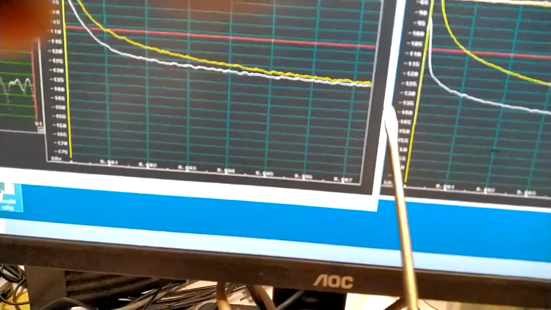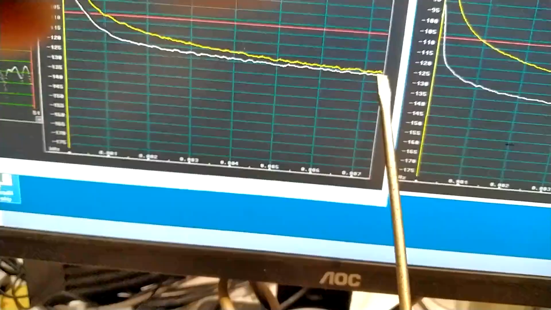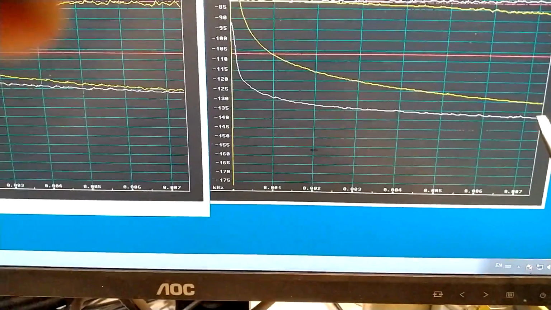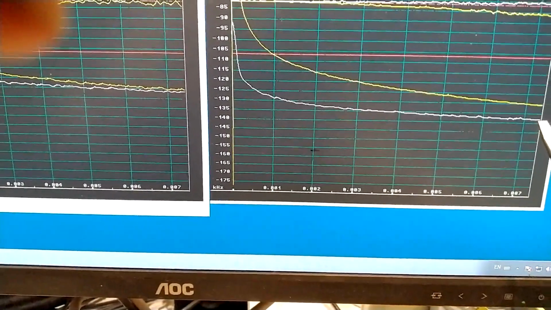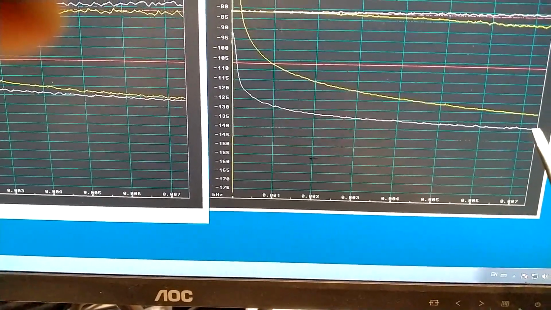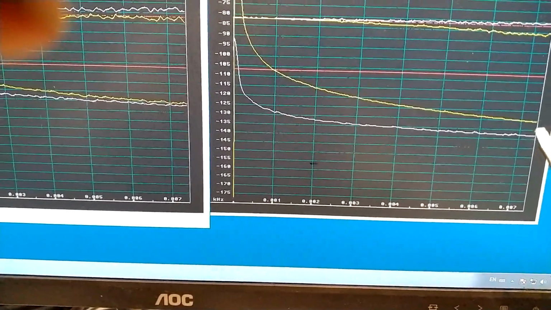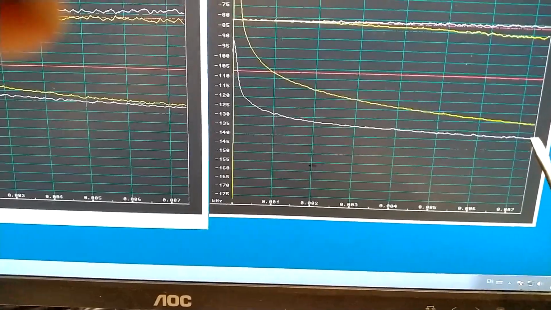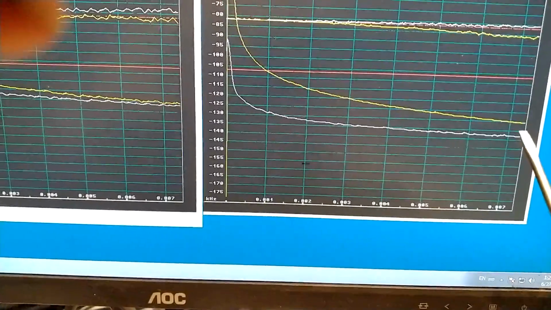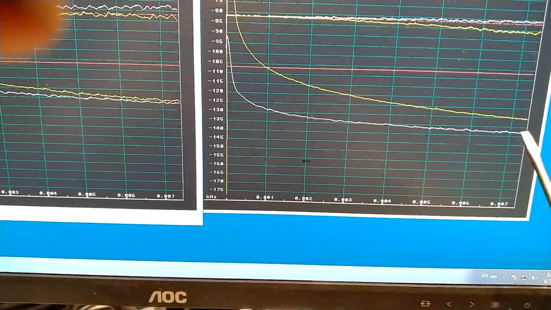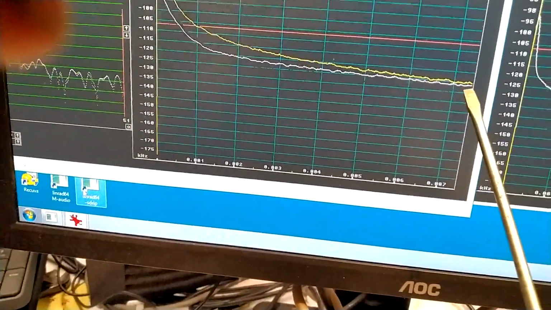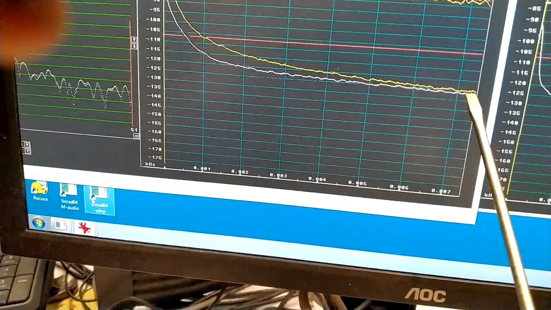But at 7.5 hertz, it was here, minus 125, but now it is here, minus 130 for the phase noise, and minus 138 for the amplitude noise, which was at minus 125 before.